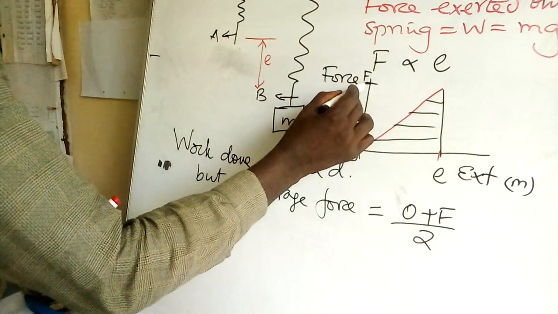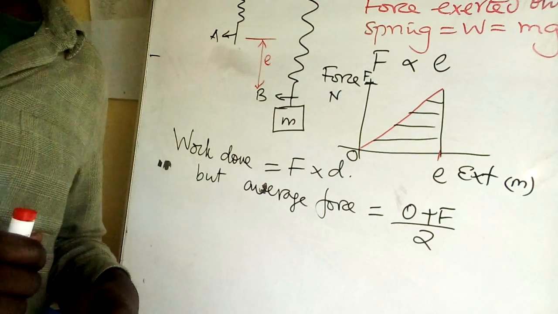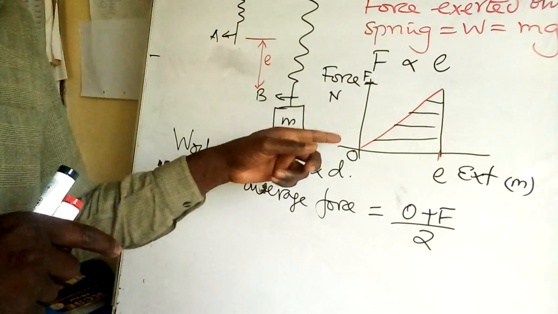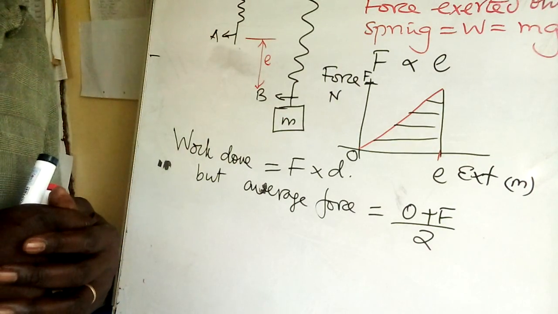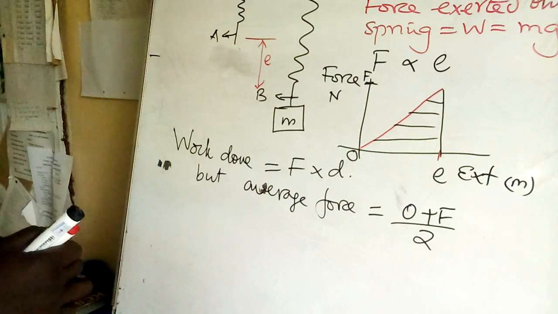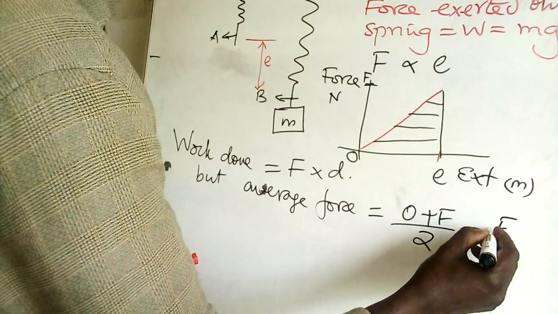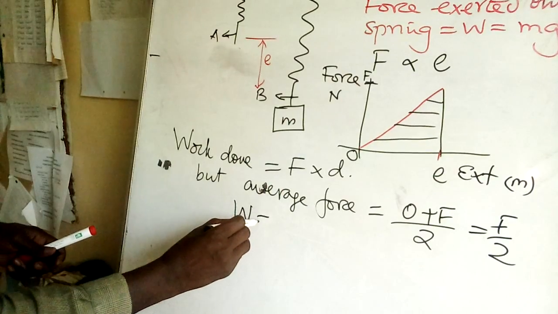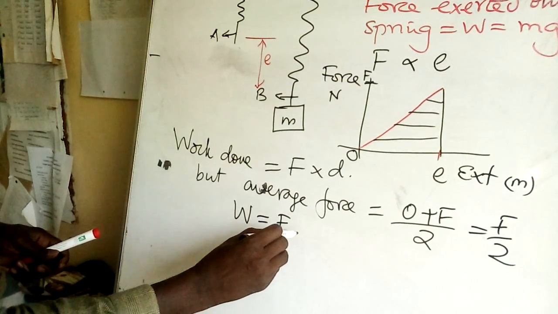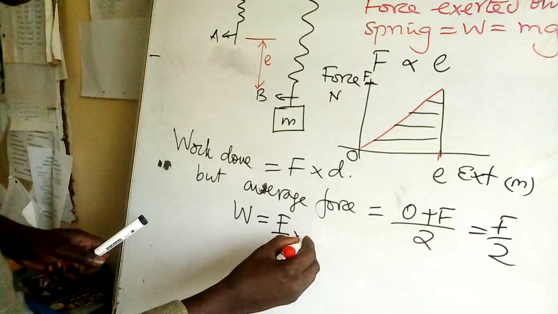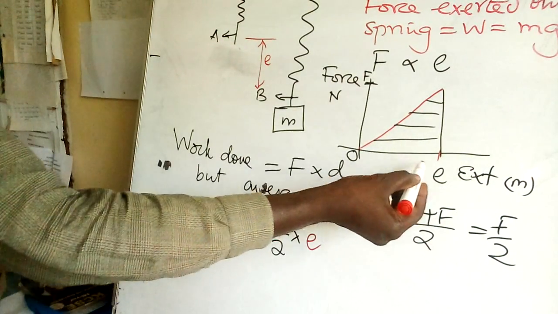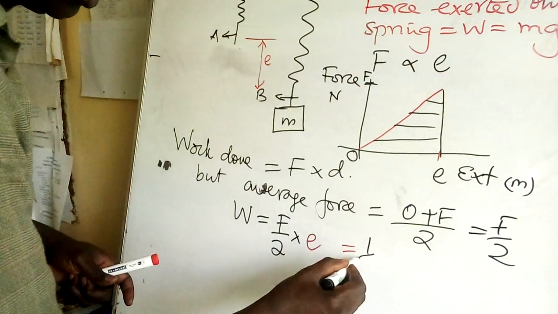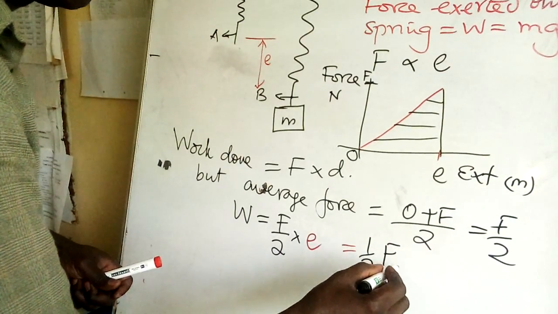It is the average force that we applied on the spring. So, this gives us F over 2. Therefore, our work done will be F over 2 times distance, which is the extension, which gives us the formula a half F E.